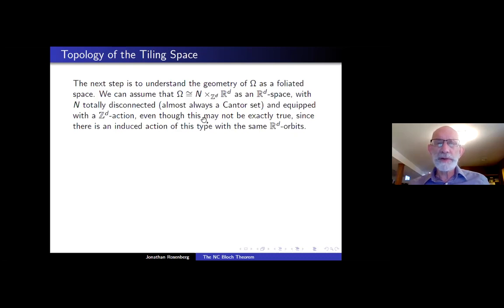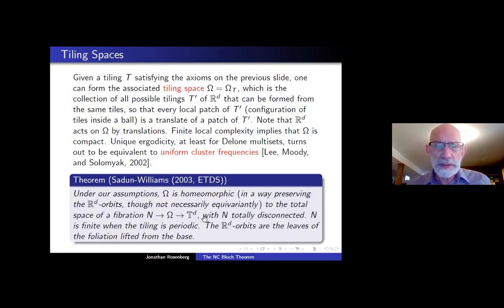So this N carries a Z to the d action, which is the fundamental group of the base here. So the base here is a torus. Its fundamental group is Z to the d, and that fundamental group of the base acts on the fiber.